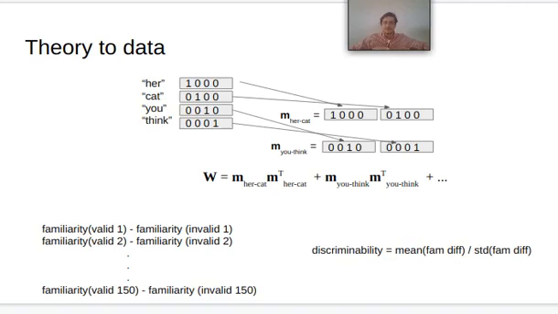Finally, we subtracted the familiarity for each invalid bigram from the corresponding valid bigram. We did this for 9 different bigram types with 150 samples for each bigram pair. We then take the difference scores for each bigram type, take its mean, and divide by its standard deviation to get a measure of discriminability.